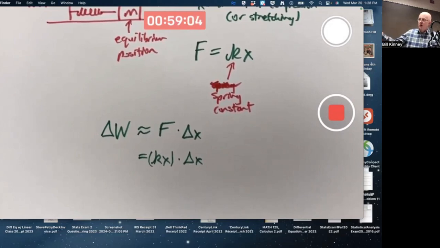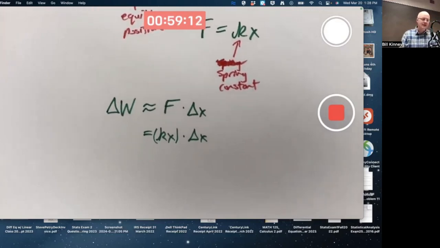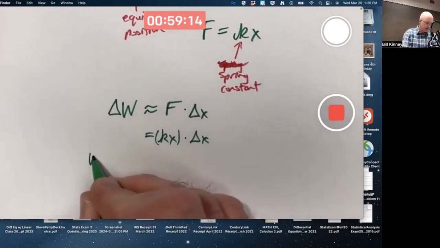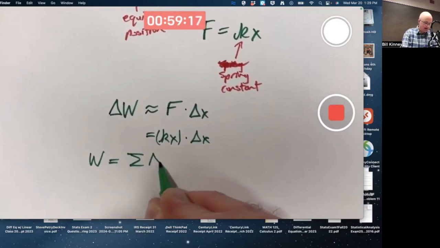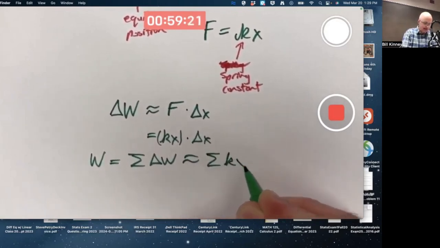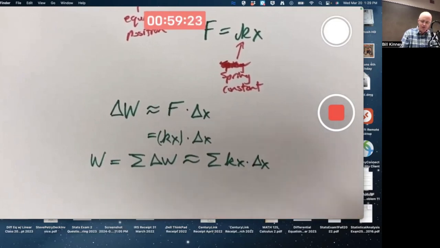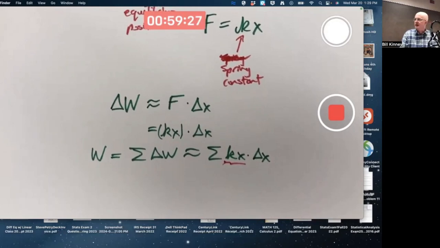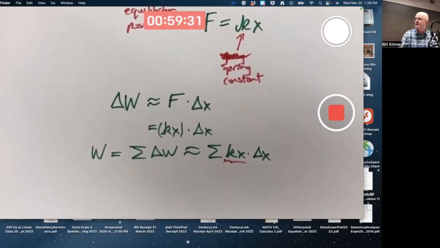To find the total work to take that mass starting at equilibrium and stretch it a long way, but not near the breaking point, you have to add up these little works, approximated by a sum like this. And that, once again, is a Riemann sum for whatever function is there, in this case K times X. I'm not specifying K, I'm not specifying what the spring is.